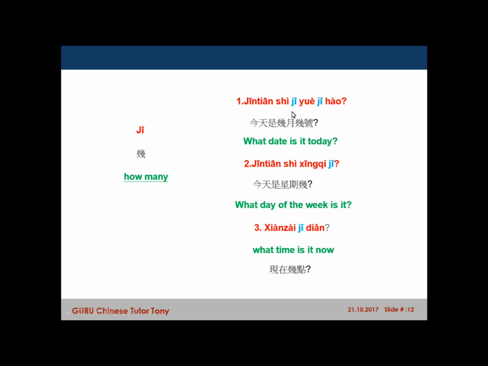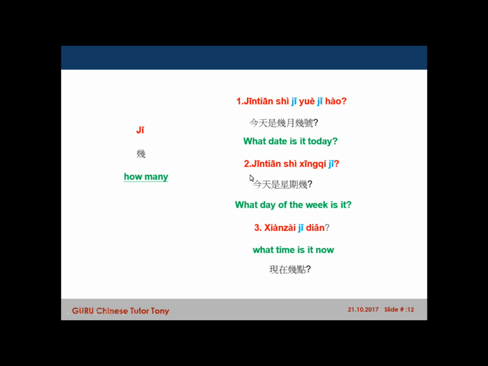Today is which month, which date. What day is it today?